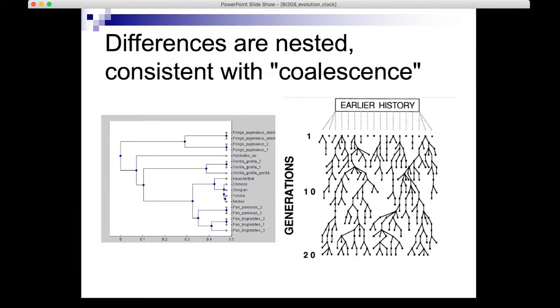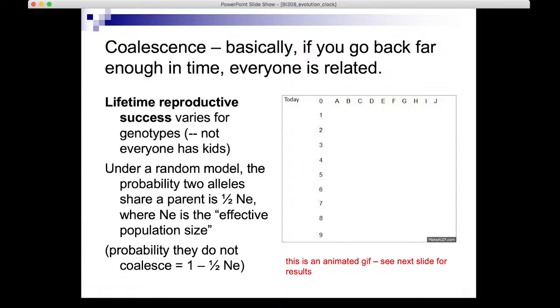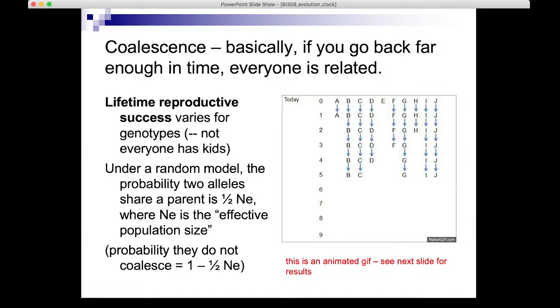Okay, so differences are nested, consistent with coalescence. So the idea is that if you start from any number of groups at the present and then you follow things back in time, you're all going to converge on, in effect, the same set of populations. And so this is a little simulation where randomly we allow just a handful of individuals to have kids, and if we follow for 10 generations, at the end of it we'll find that everybody traces back to just one group, right?